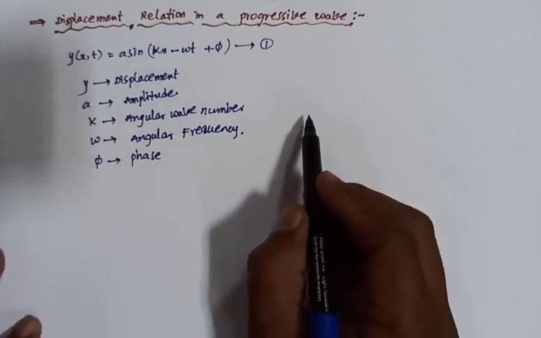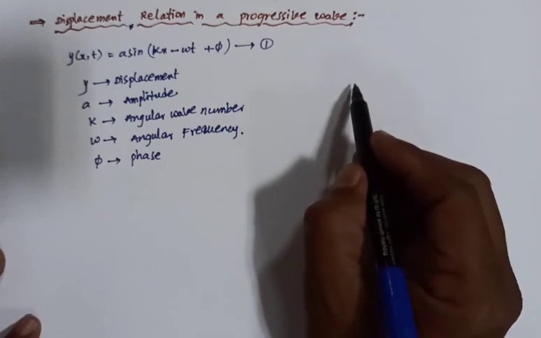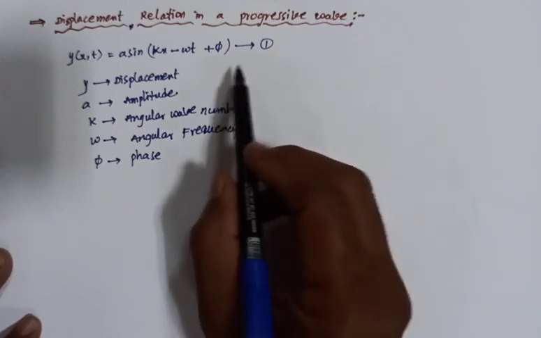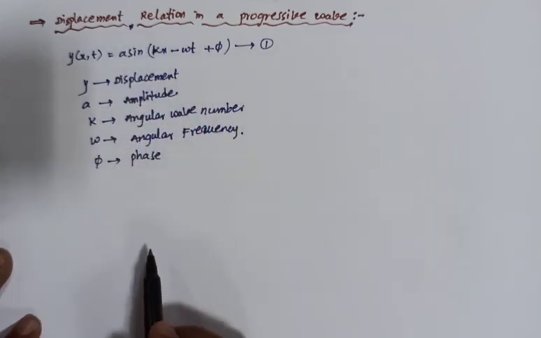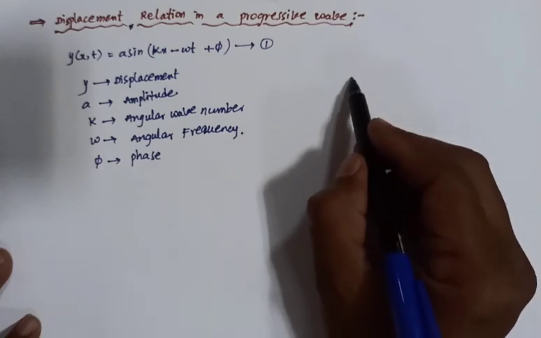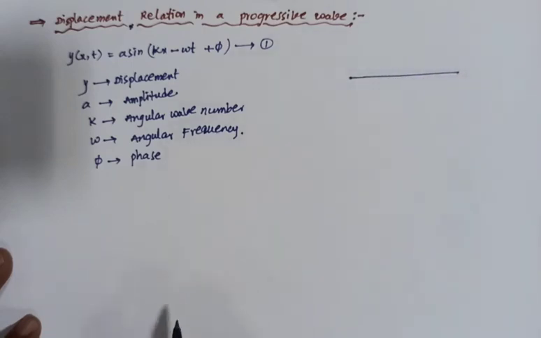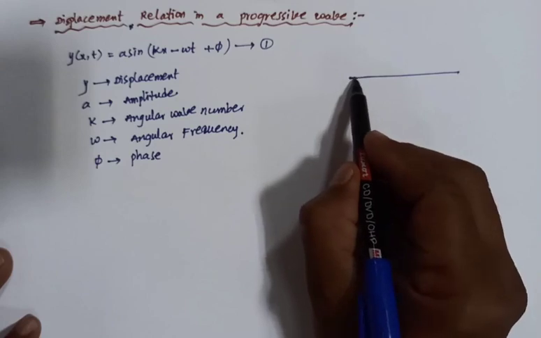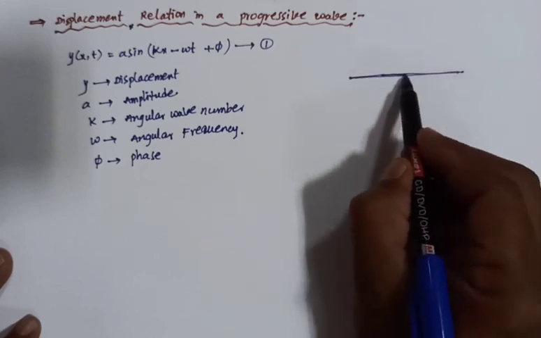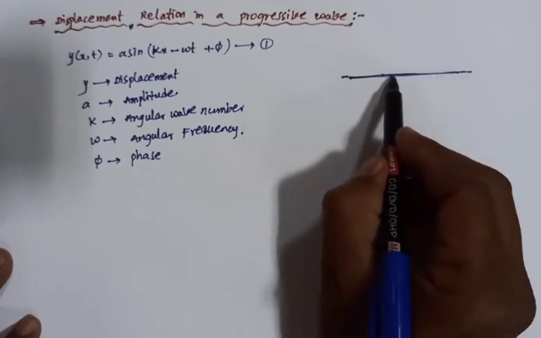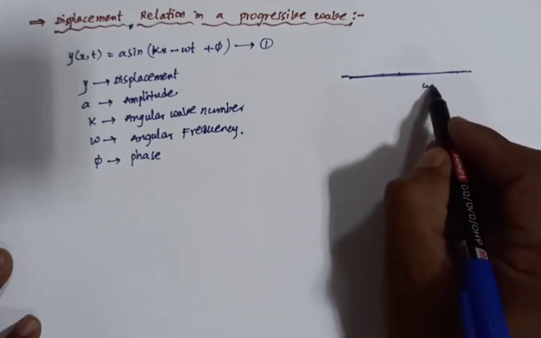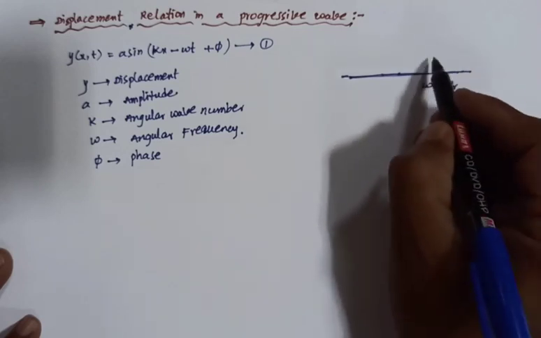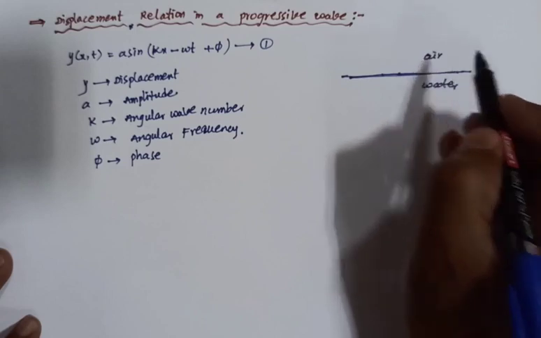So we are discussing here why the sine function is taken. For example, consider a water surface. Here it is water, and here it is air.